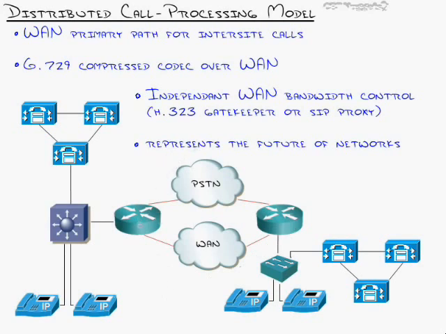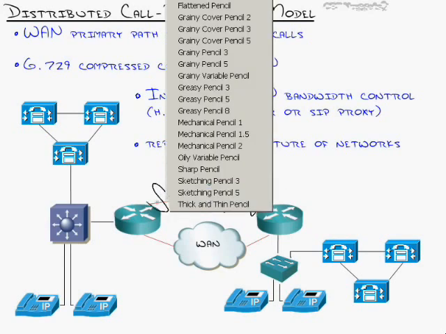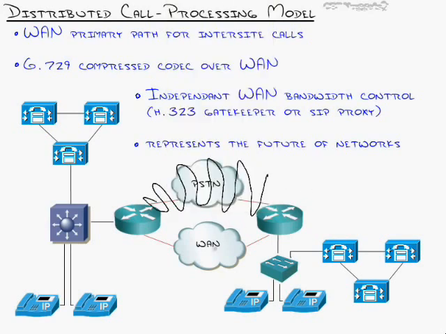Now, I jotted on here, I think this model represents the future of networks. Because I said this is one company this model is designed for, or a couple of partner companies or something like that. But I see this. Check it out. This is the future right here. Eventually, in my opinion, the PSTN as we know it and as it stands is gone. The PSTN becomes the single connection, which will now be the internet.